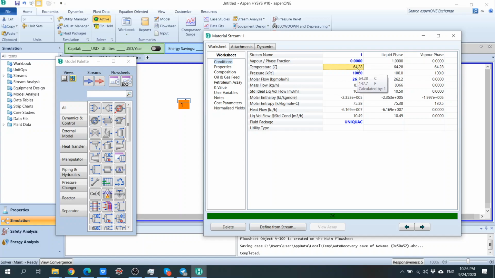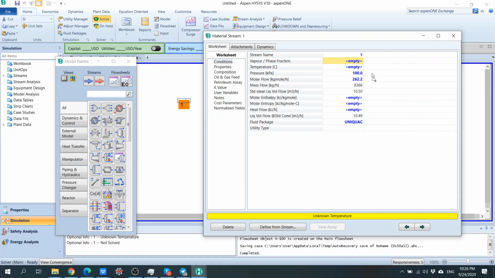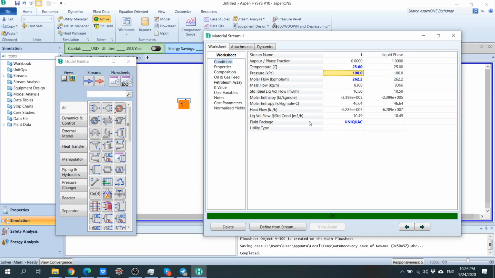If the temperature drops below 64.28, everything will be subcooled. So our situation at 25 degrees C is subcooled.